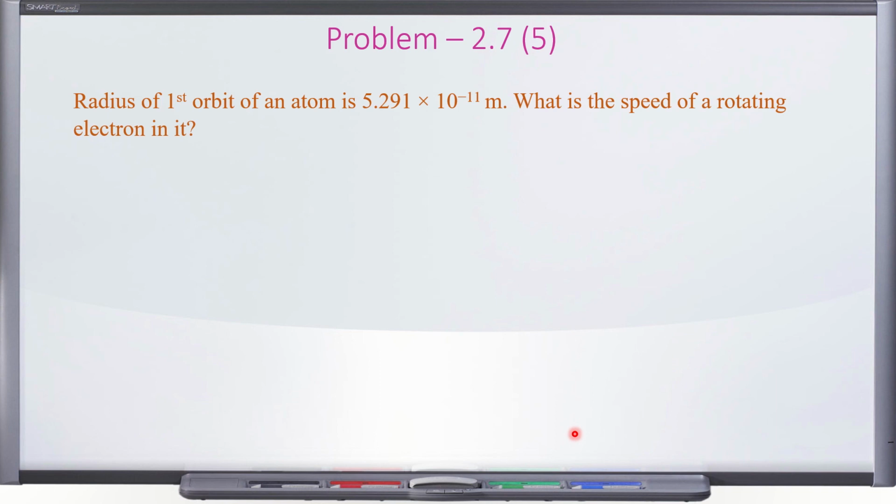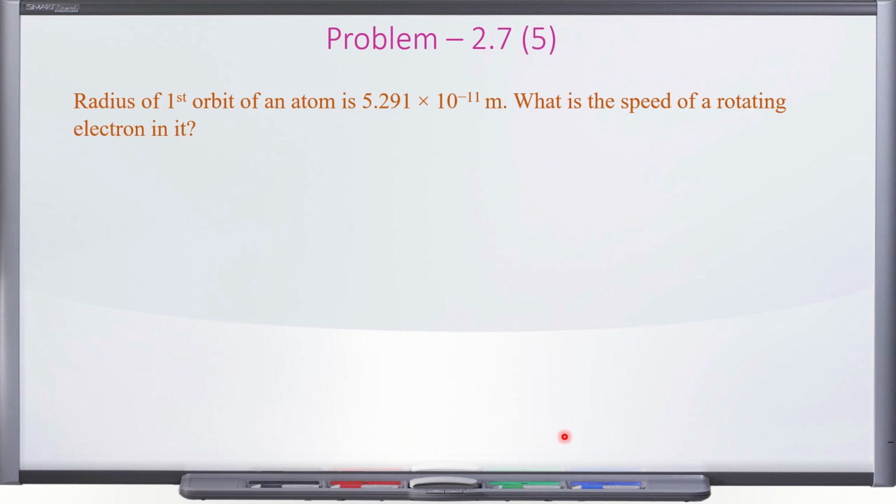Here the radius is given, first orbit, that means n is also given, and no atom is mentioned. When the atom is not mentioned, then you will take the atom as hydrogen. You have to find out the velocity of the rotating electron.